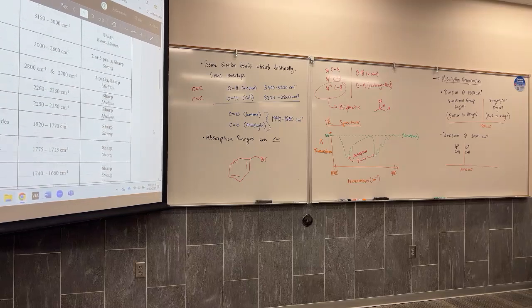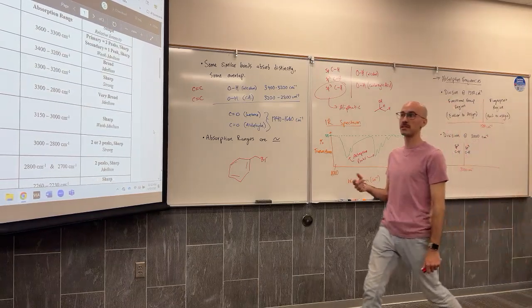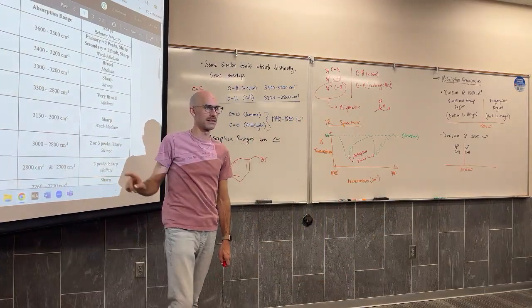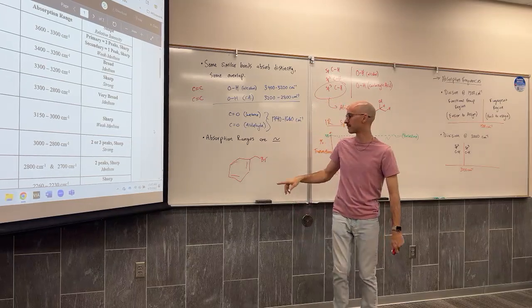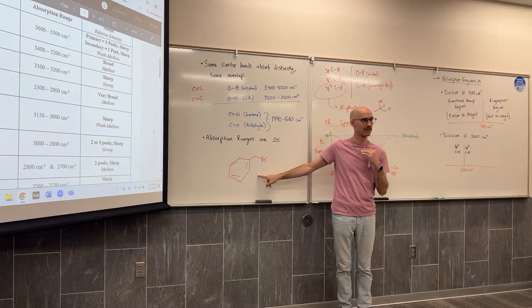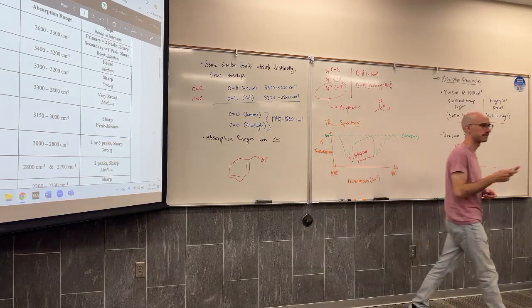And if you notice up top, the sp2 CH for both of them overlaps quite a bit. So even though the alkene and the aromatic ring are different functional groups, even though the aromatic ring does not have alkenes, their absorption is a lot more similar.